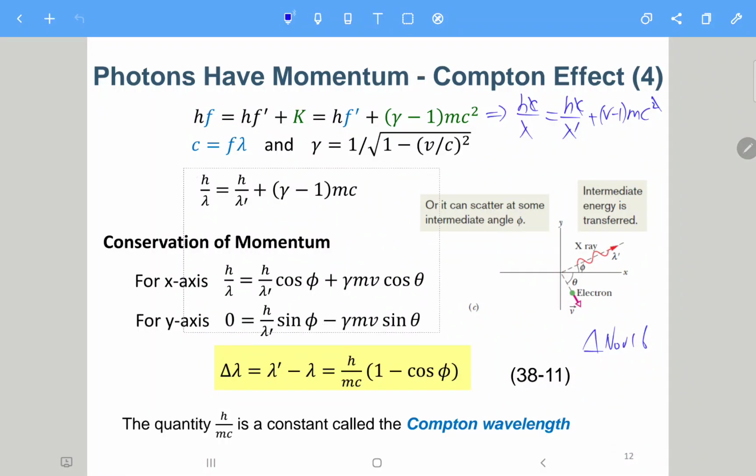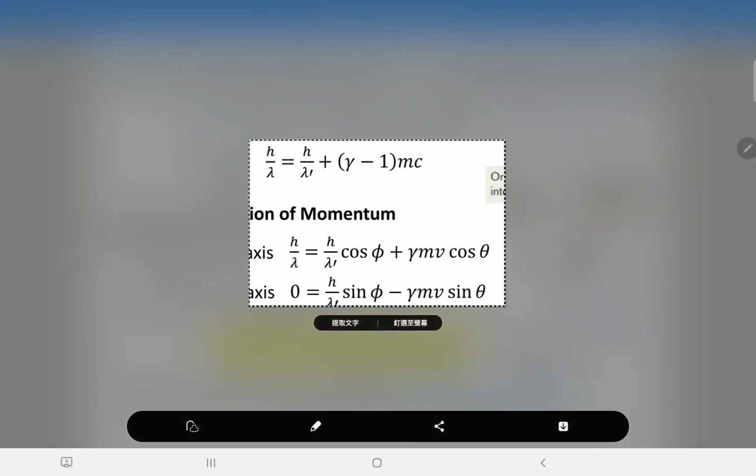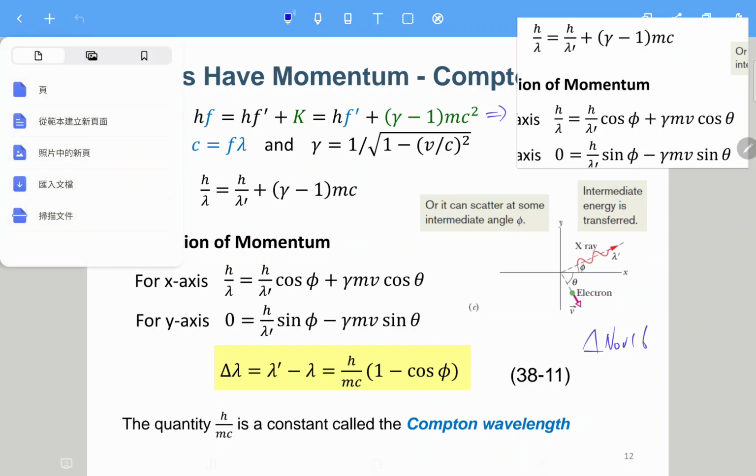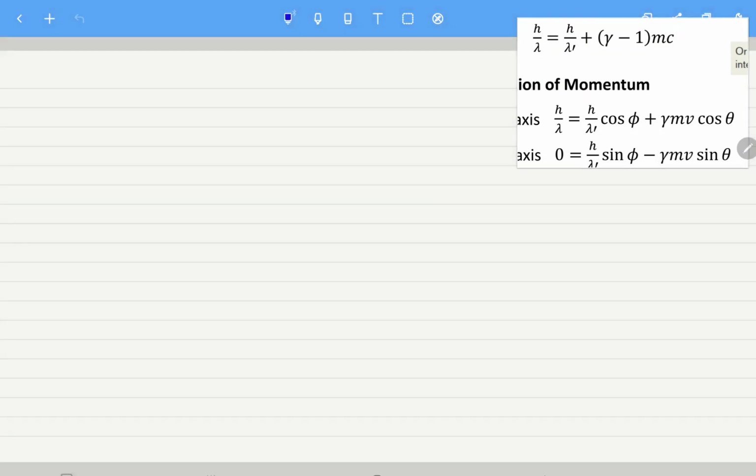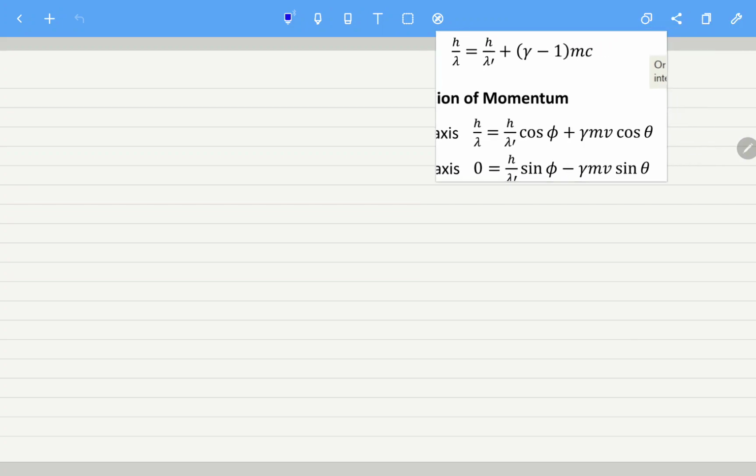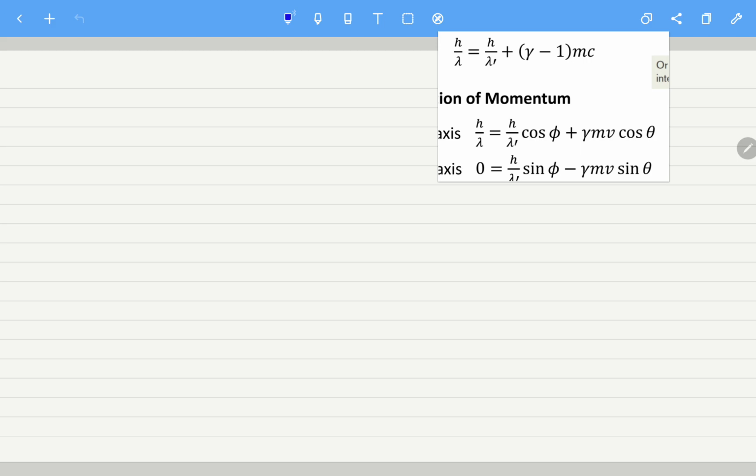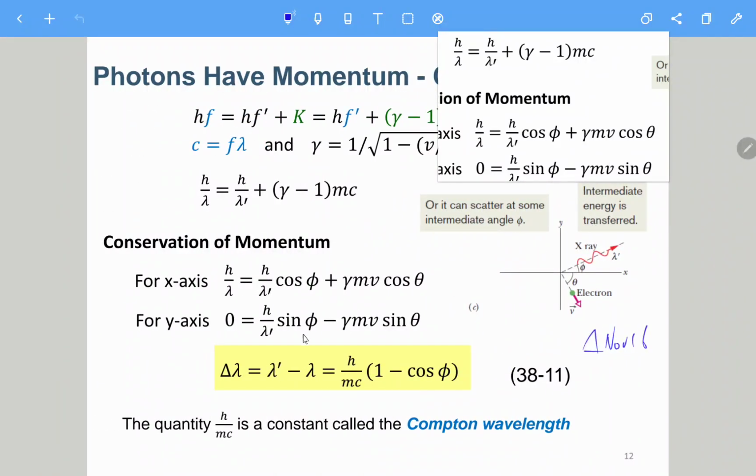Let me just capture these three equations. Then here, okay. So we have three equations, and we more or less need to eliminate theta. You can see here, in this equation we only have lambda, h, mc, and phi.